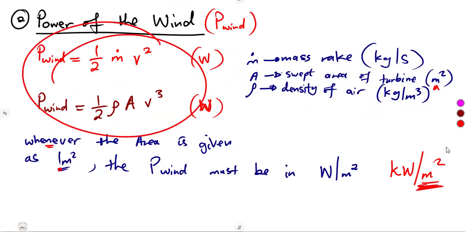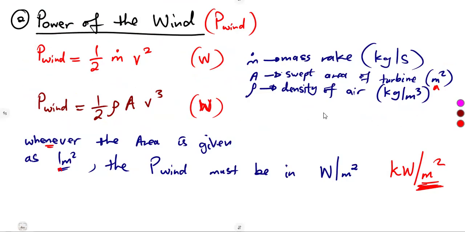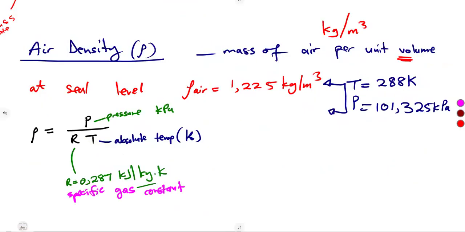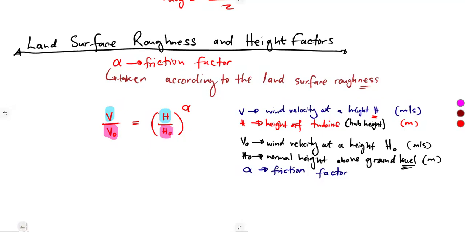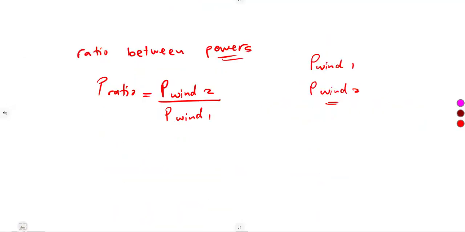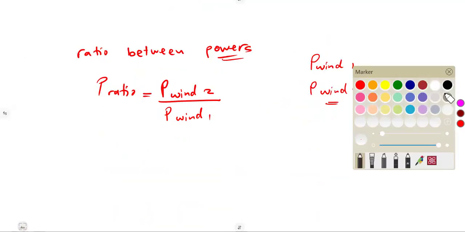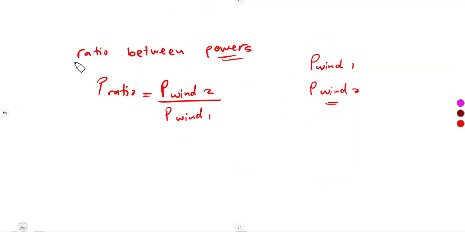The power of the wind can be calculated, but it will differ according to the velocity. That is where we talk about the roughness factors and the height factors. So it gives us a ratio between the given powers.